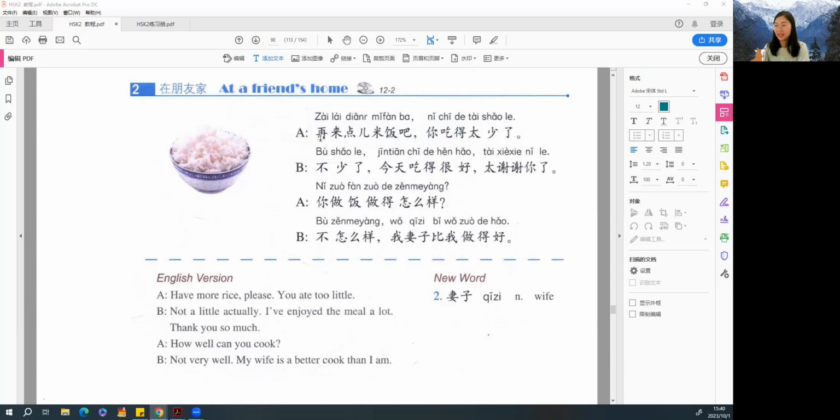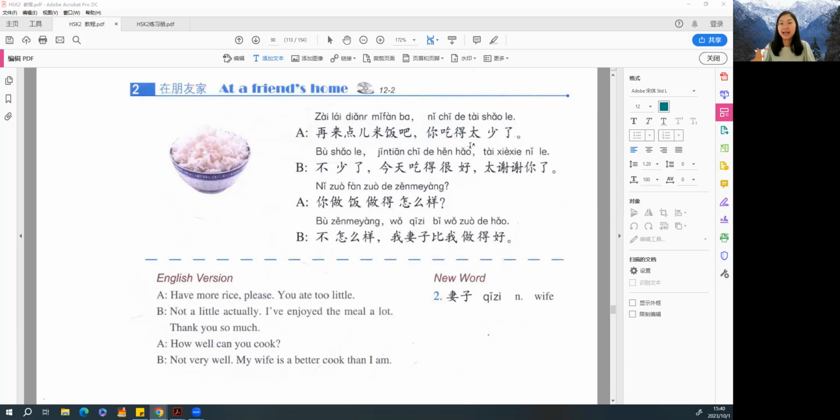So A said, take more rice. 再来, again, right? 再来点米饭吧。你吃的太少了。You ate too little. 太少了。So here 太 is an adverb to describe the verb 吃. 太少了, so 吃的少 means you eat little, right?